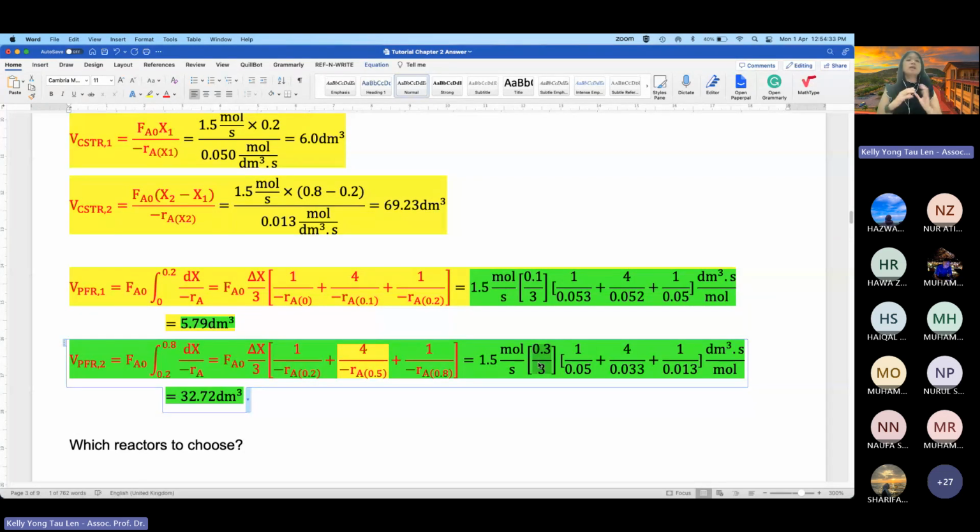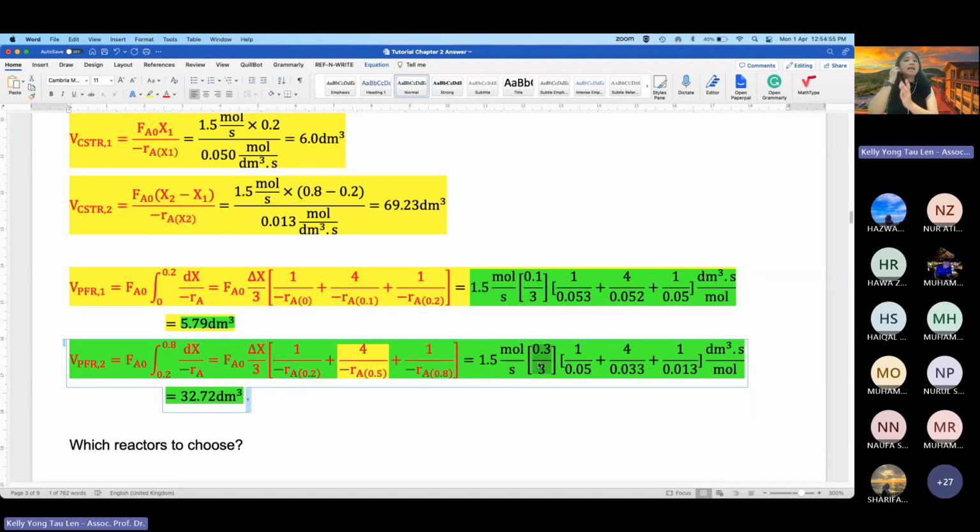This is the one where you may make mistakes if you forget the concept. The delta x is the gap between x1 and the middle x, or the middle x and x2. Your initial x, x1, is 0.2, your middle x is 0.5, so the difference is 0.3, right?